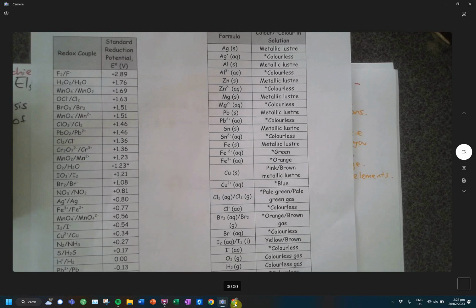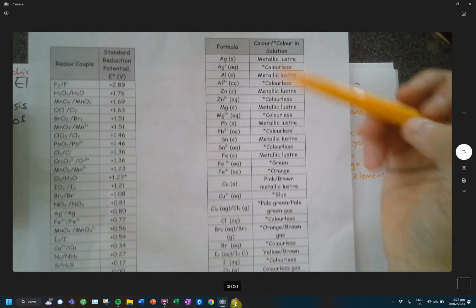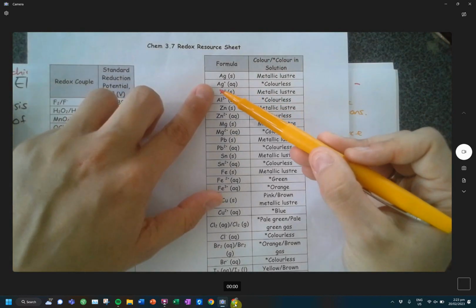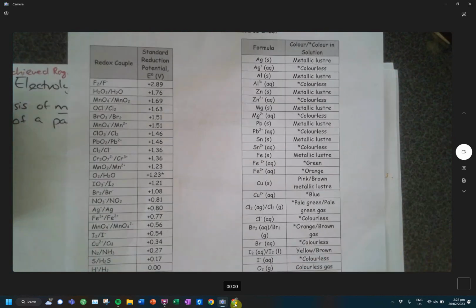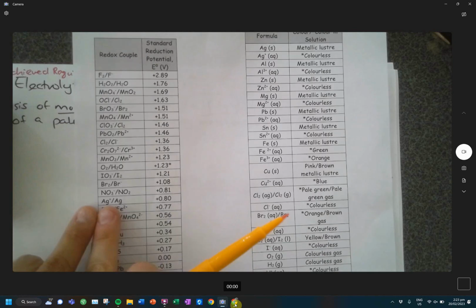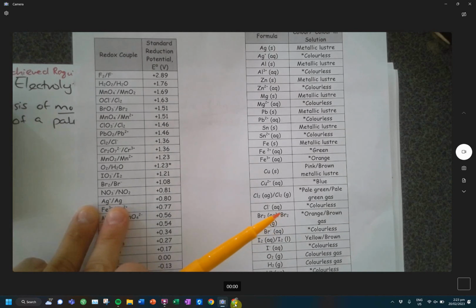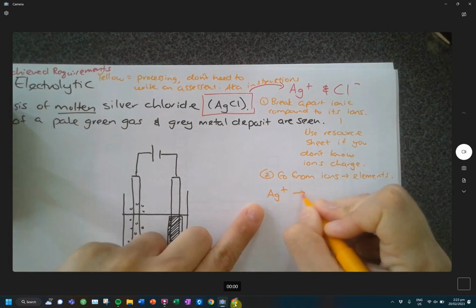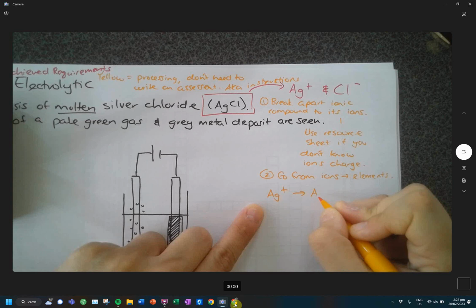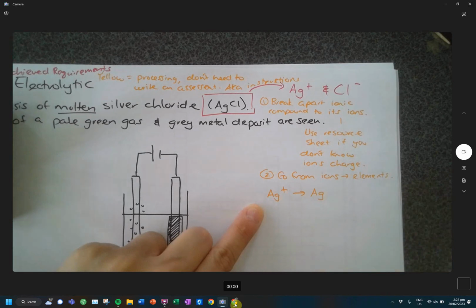Now there's 2 hints for that. Either you look to see where silver is, and you go, oh, there's Ag plus and there's Ag. Or I can look at the redox couple and look for silver and the silver metal. So that's the other hint I can use. I could also look at a periodic table and look for it. So Ag plus becomes Ag.